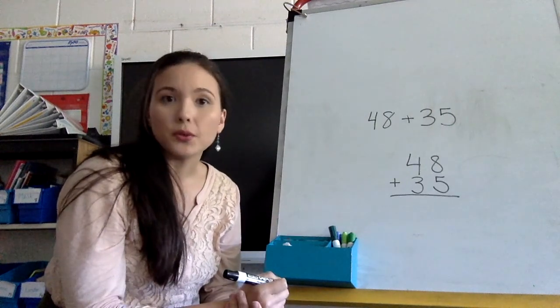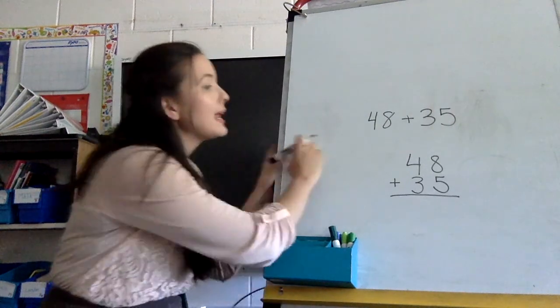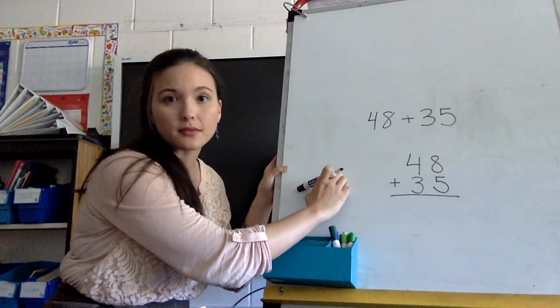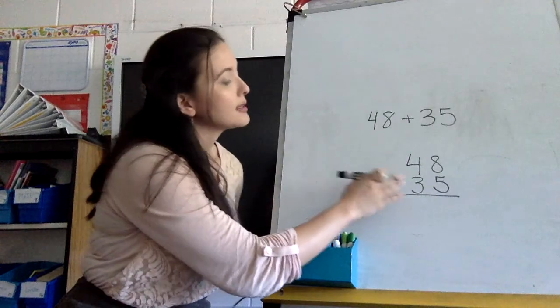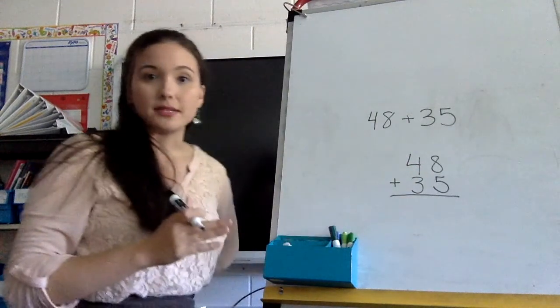In the video you watched last night, we made the numbers first. We made those numbers so that you could see what the numbers looked like when you add them together.